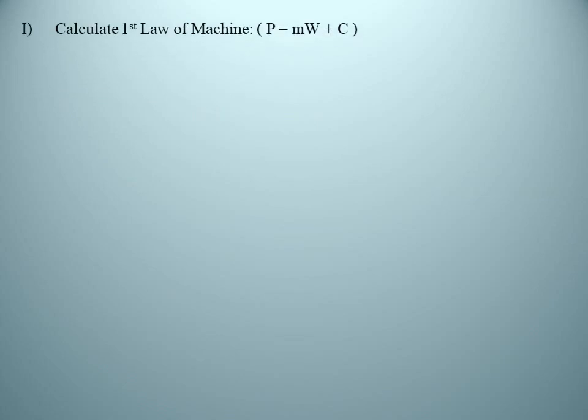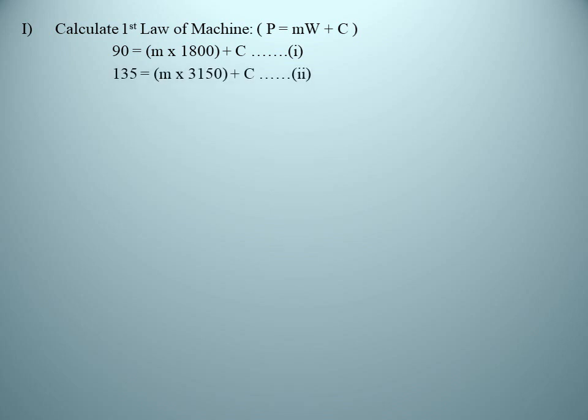Okay, first calculate the law of machine. The law of machine is P is equal to mW plus C. Then put in the values of efforts and load. First, the effort P is equal to 90 is equal to m into 1800 plus C, this becomes equation number 1.